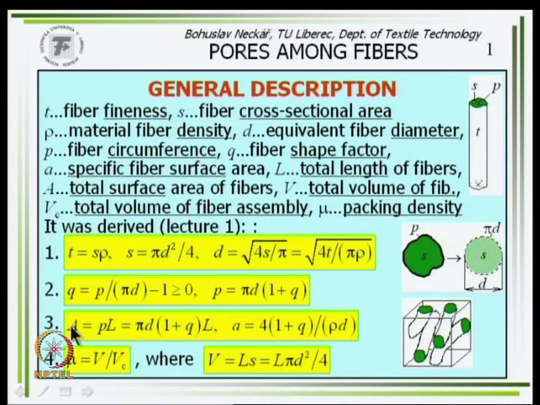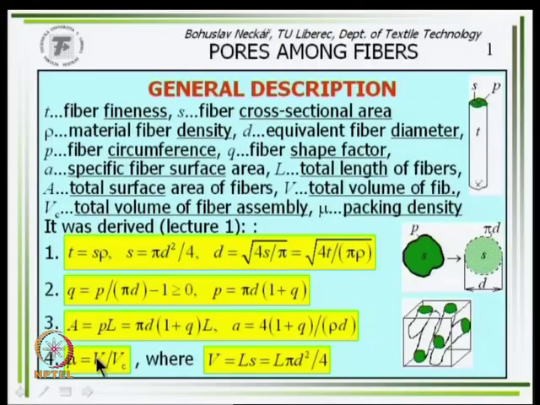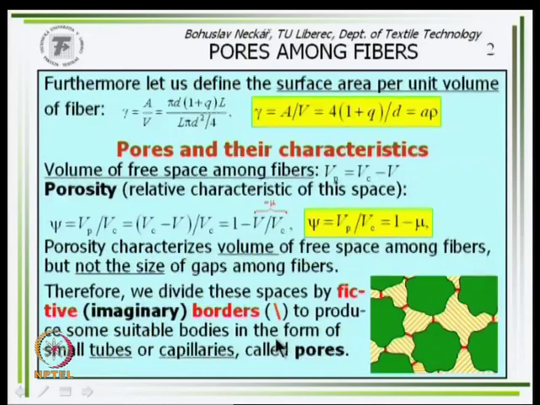A, the total surface of fibers, is the perimeter of the fiber cross-section times the total length of fibers. Using equations derived earlier, we obtained these equations, and packing density was defined as the ratio of fiber volume to total volume, where fiber volume is the fiber cross-section, πd² by 4, times, of course, total length.